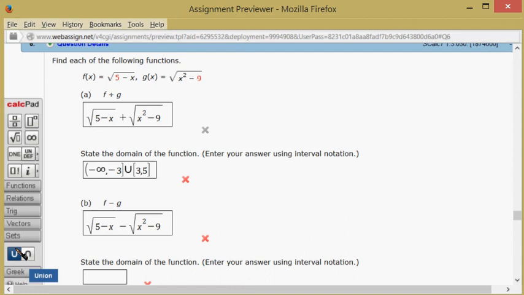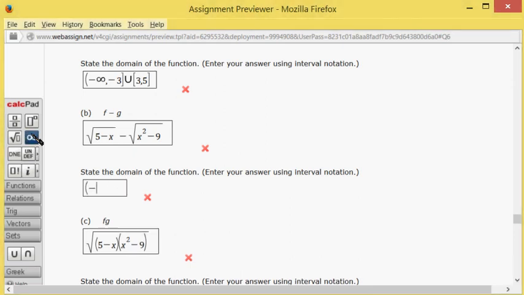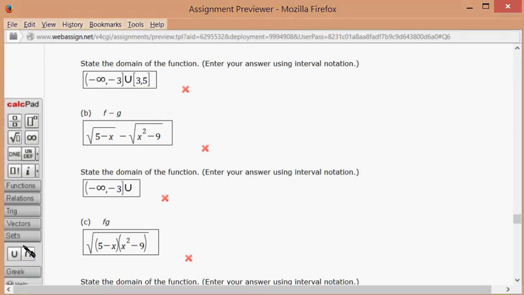You have the same domain for f minus g, so just type in the same thing: negative infinity, comma, negative 3, and close. Then you have union, and then you have 3 to 5.